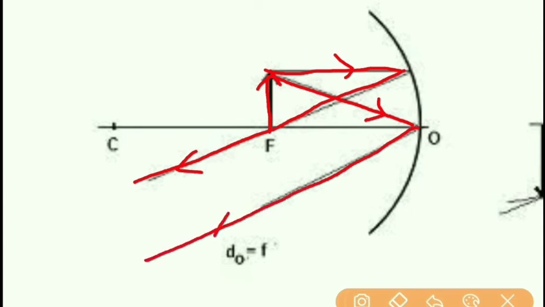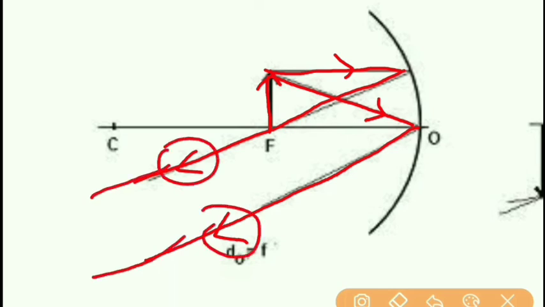You can see, students, after reflection both these rays are parallel to each other, and if they are parallel they are not going to meet, but we can say that these rays will meet at a very large distance, that is at infinity. And if these two rays meet at infinity, then definitely the image is formed at infinite distance.